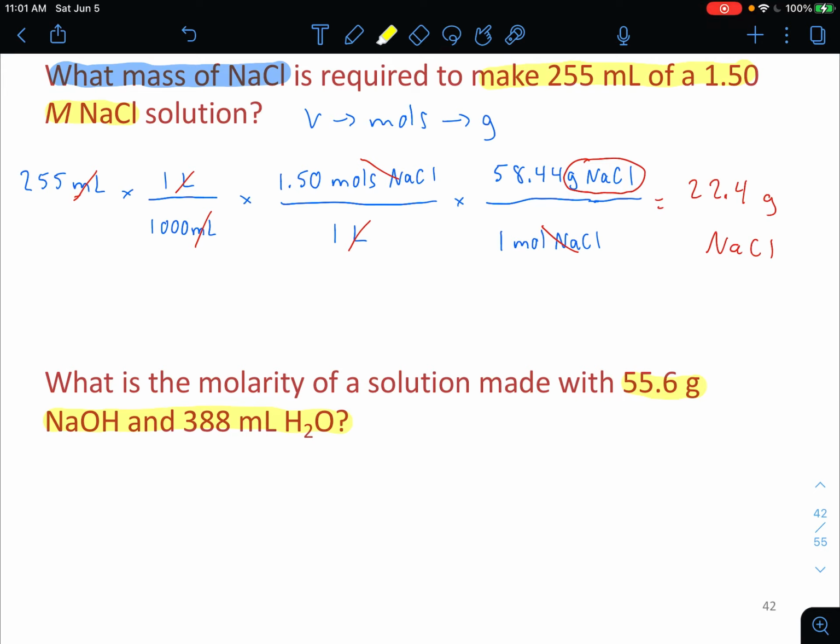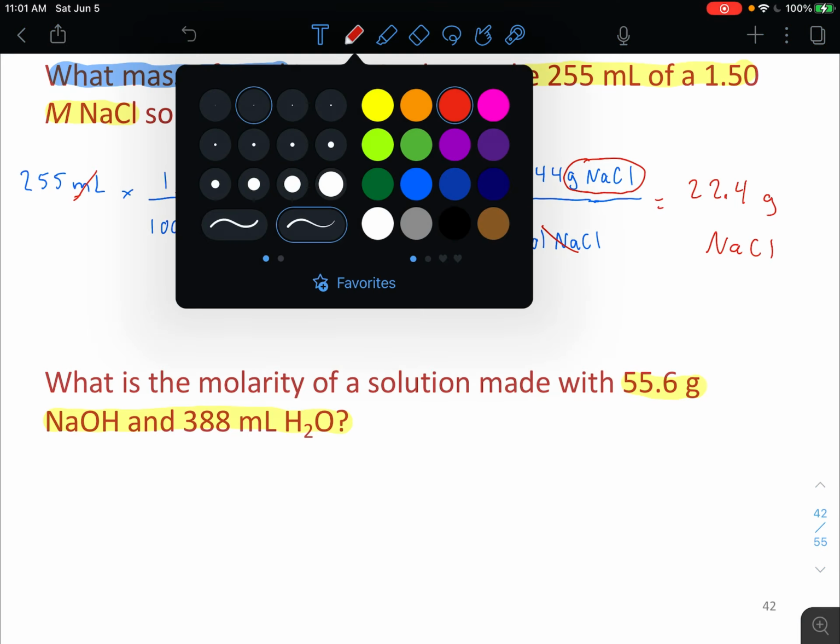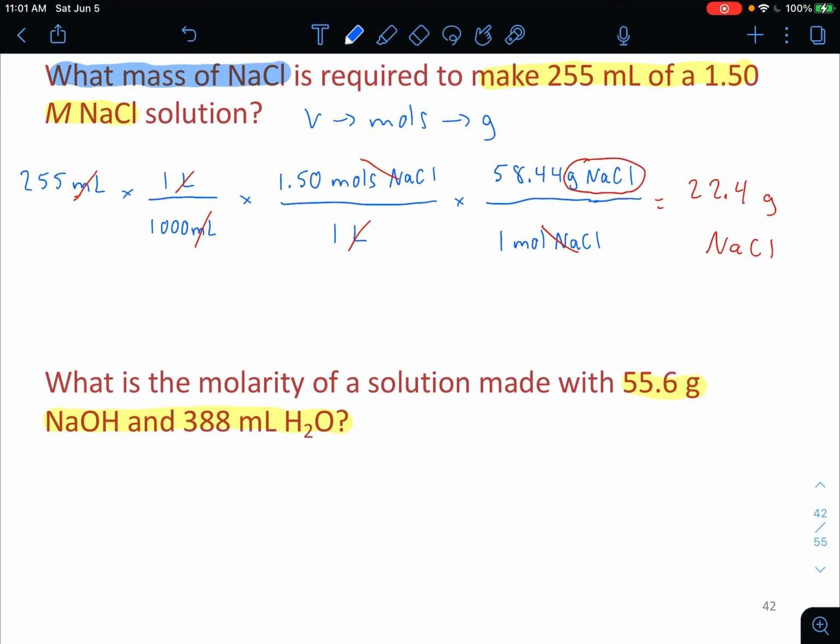So I can set this up as a one-line conversion if I want to, or I can just independently convert grams to moles and milliliters to liters, and that's totally up to you. This time I'll set it up as a conversion. We do need to know the molar mass of sodium hydroxide, so let's start by doing that.